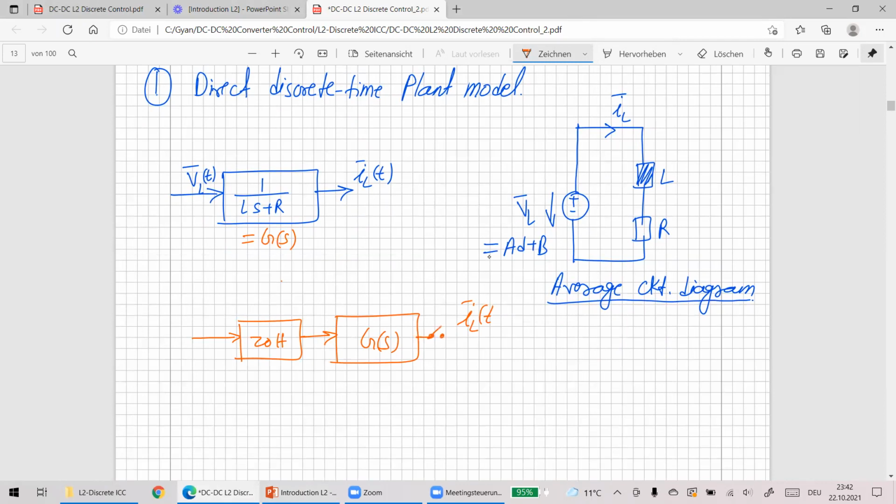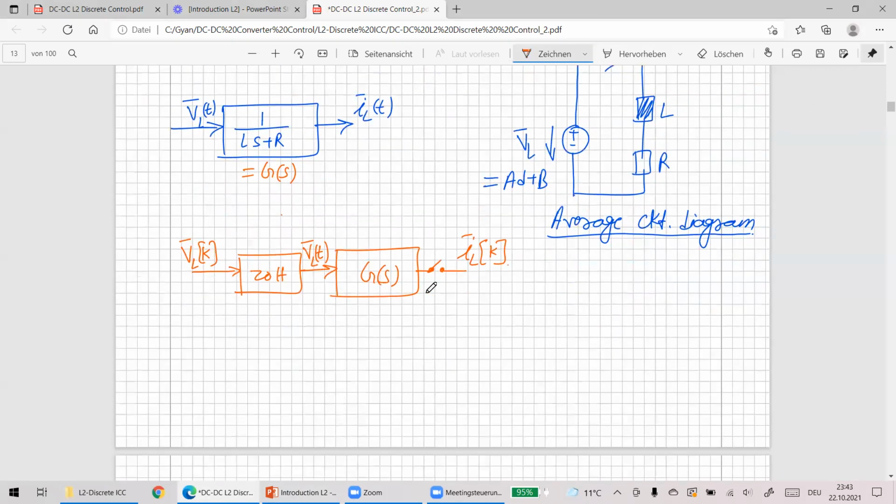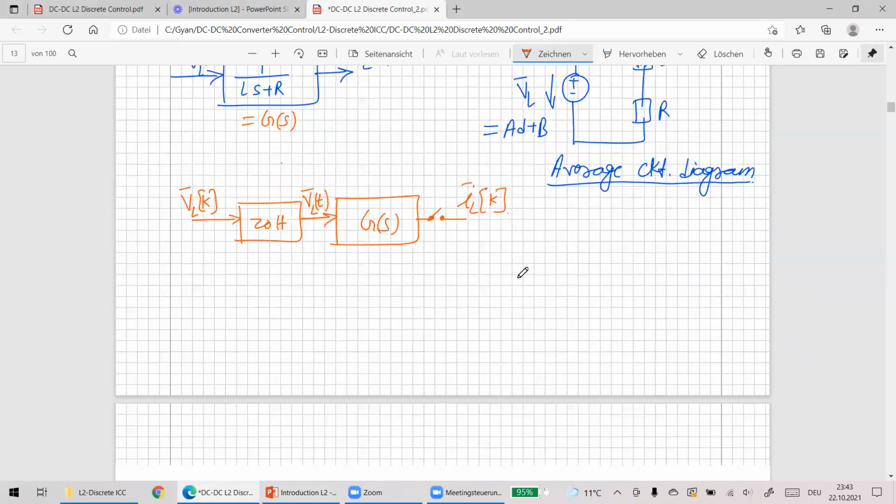So this switch only connects when there is a sampling event. So we'll get this discrete time signal. And then here what we have is our VL average, but in discrete time domain. And after the zero order hold, we will get the continuous time VL average. So this is our actual plant when we see it in a discrete time realization.